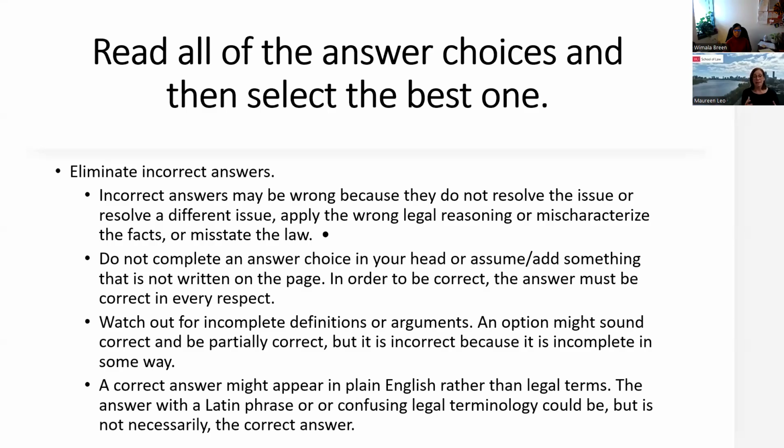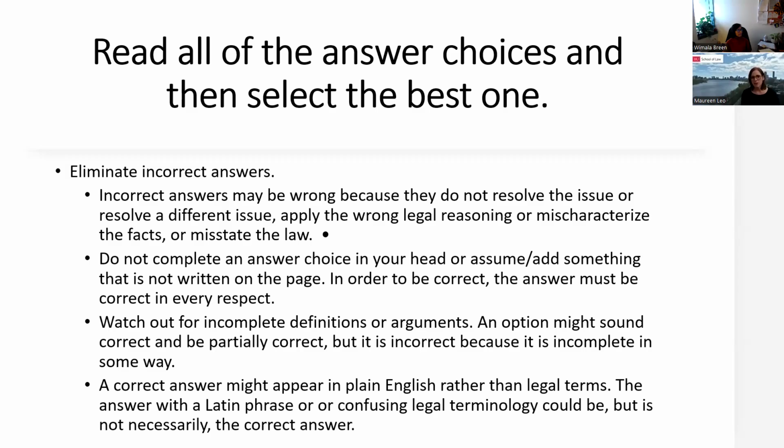Now, after you assess the root of the question, you will then read all the answer choices and select the best one. First thing to do, of course, get rid of incorrect answers. Just wipe them out. They're wrong because they don't resolve the issue. They resolve a different issue. They apply the wrong reasoning. They mischaracterize the facts or the law. Just get rid of them.